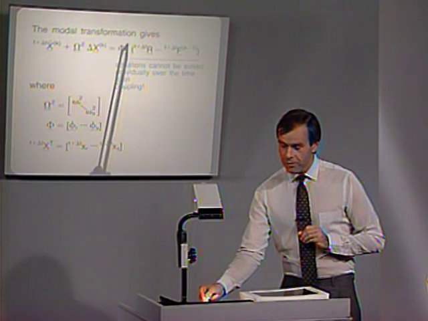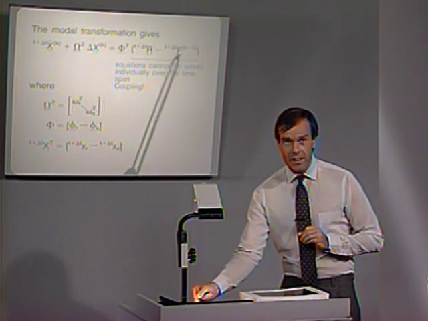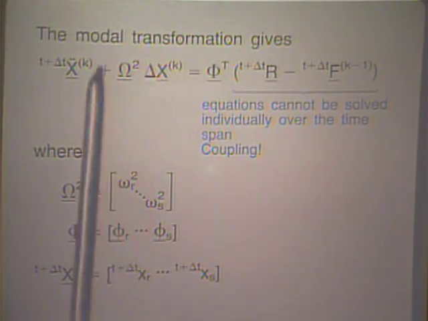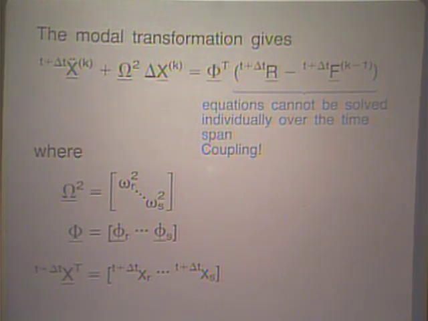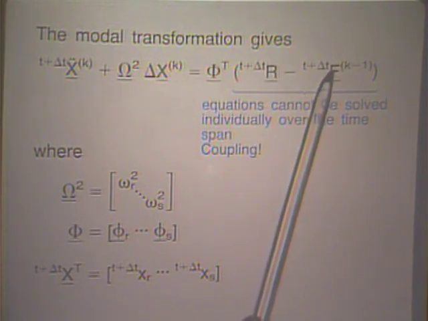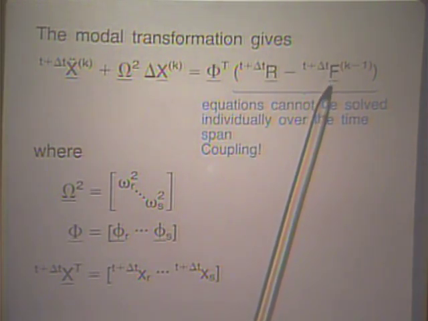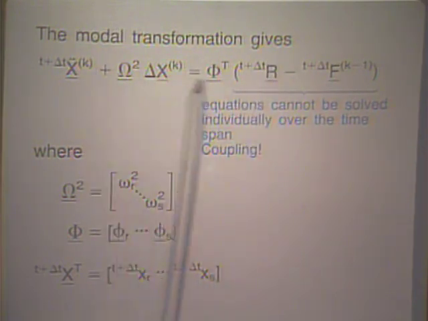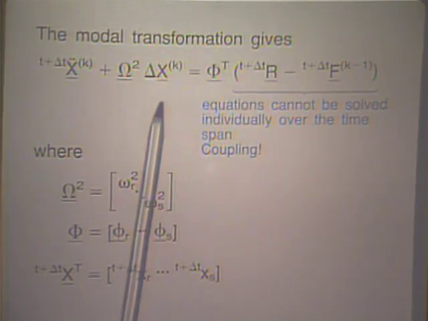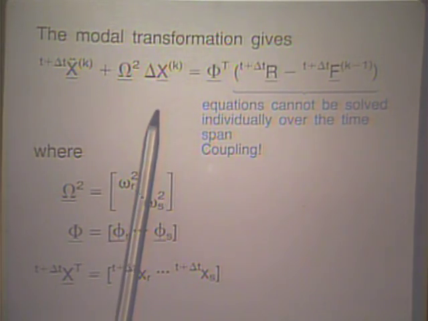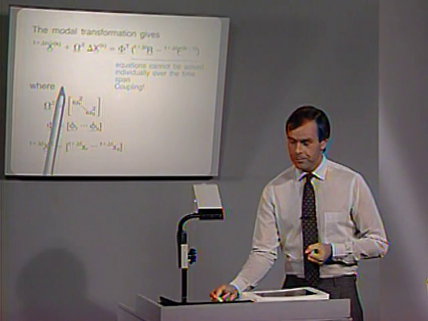This matrix times that vector gives us a vector which has the same length as this vector and that vector. So we are not dealing anymore with all the degrees of freedom that are listed, for which we have the forces here in the solution of the equations, but with much fewer degrees of freedom, the number being equal to the number of mode shapes that are being employed.